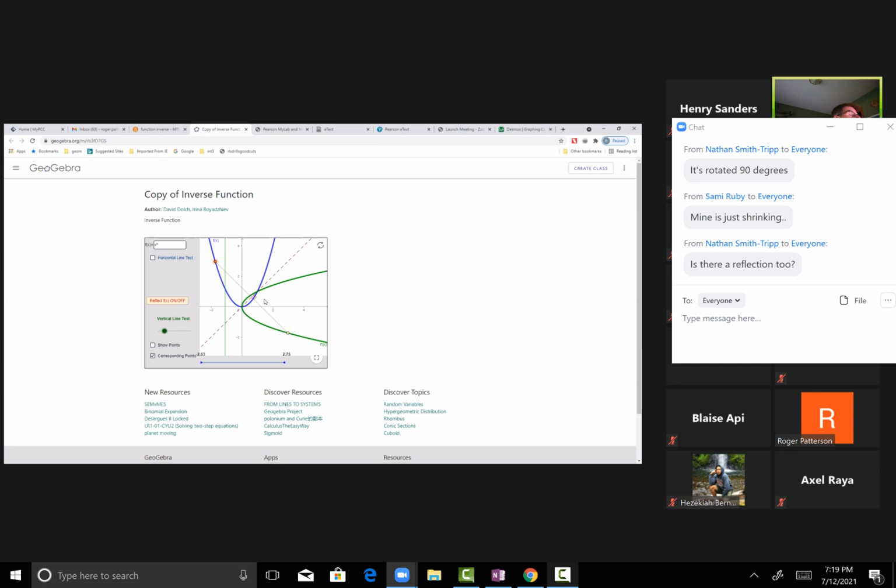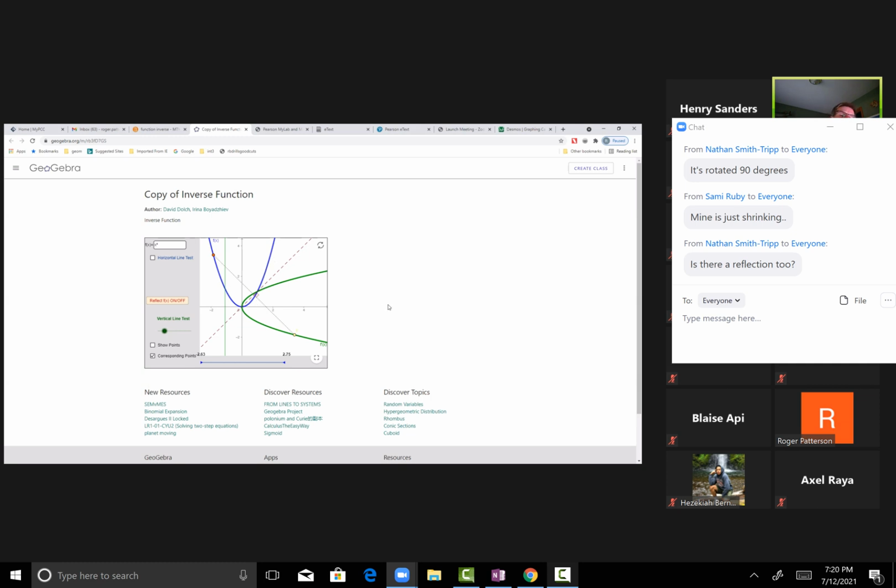All right. So all these points are being reflected. All right. What we thought was a rotation isn't. It's a reflection instead. See, if I turn this off, reflect, there it is. All right. So the green graph is a reflection of the blue.